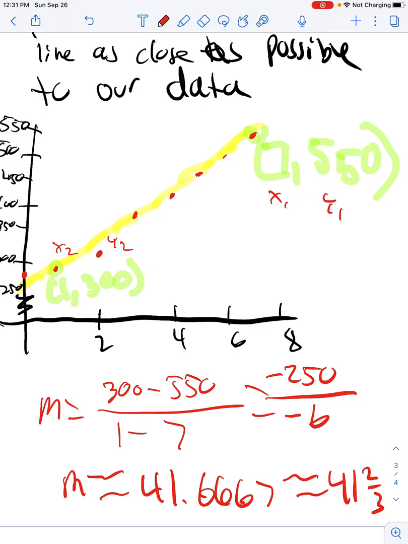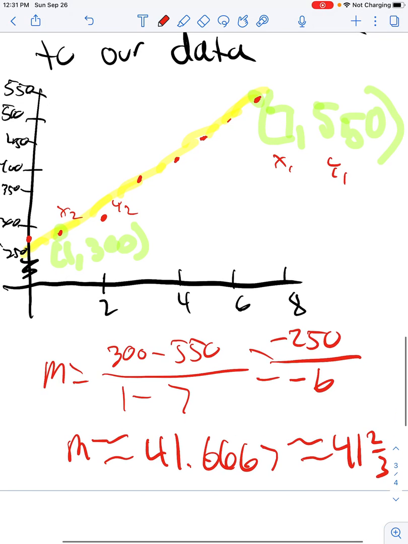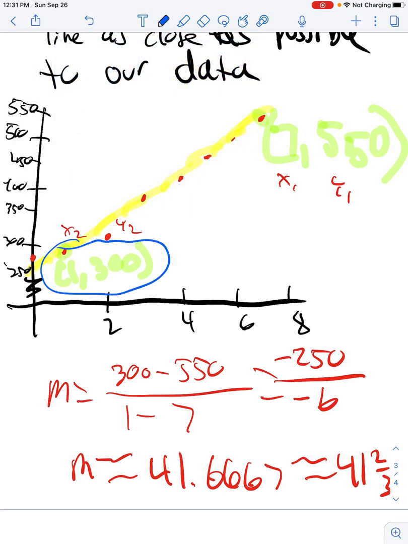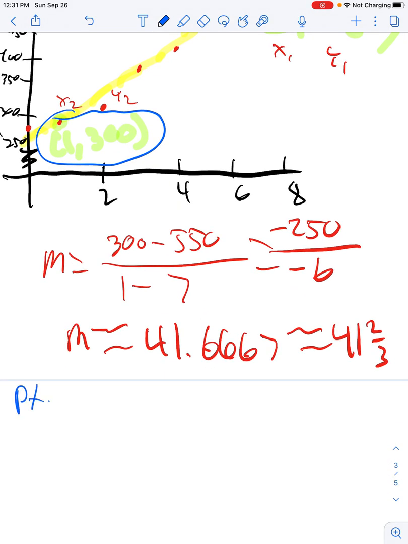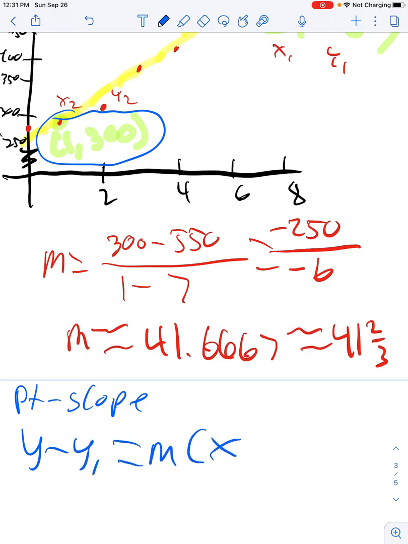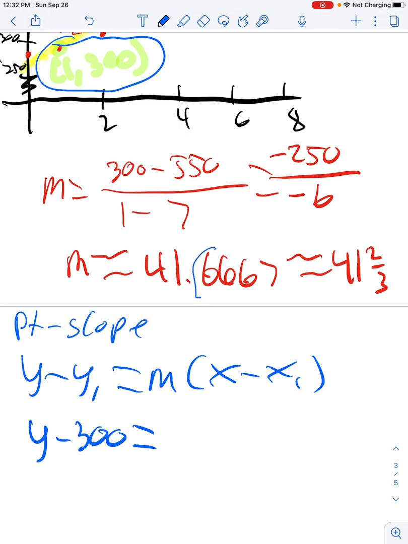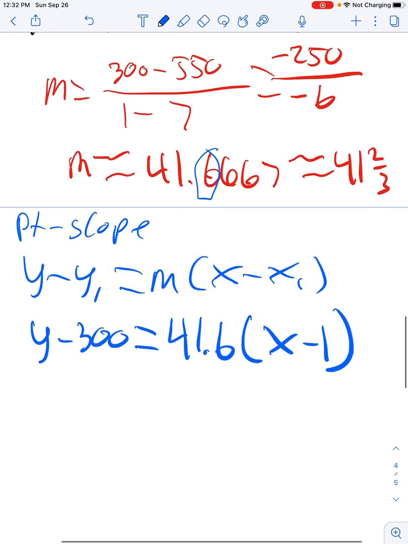So now I'm going to go back and use point-slope form, and I'm going to use my original point, 1 and 300. Point-slope is y minus y1 equals m times x minus x1. So I'm going to take y minus 300 equals my slope, which, if we just wanted to approximate it, we're going to say is 41.6, times x minus 1.